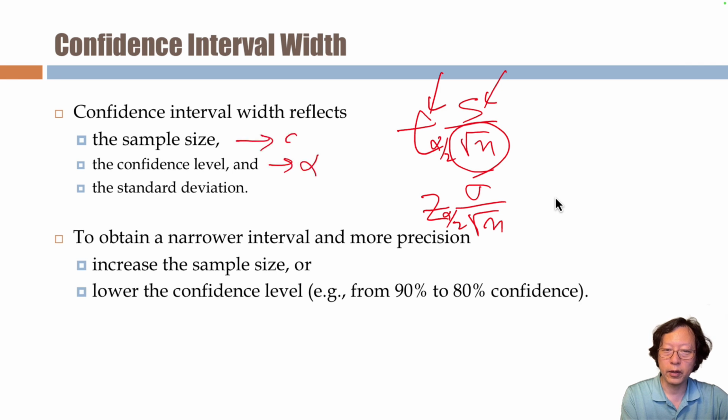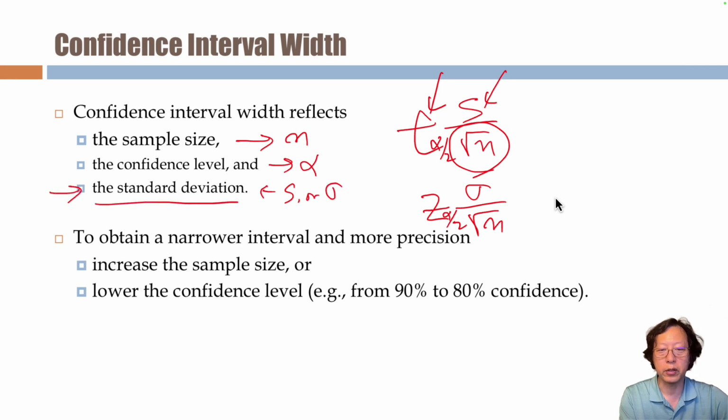But sigma or s is not your choice. We don't have control over the standard deviation. So you can change these two things. If you want a tighter, narrower confidence interval, then you can lower the confidence level or increase the sample size.